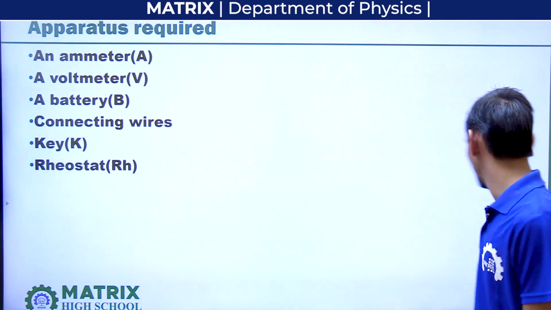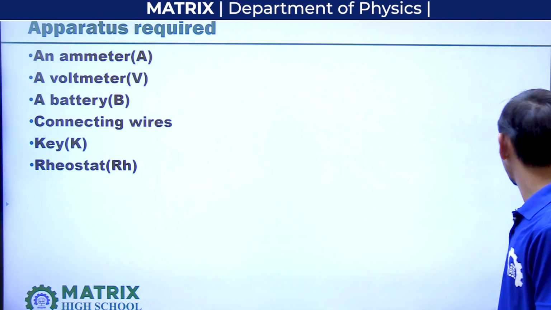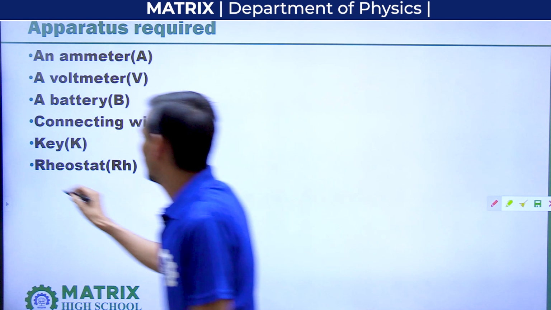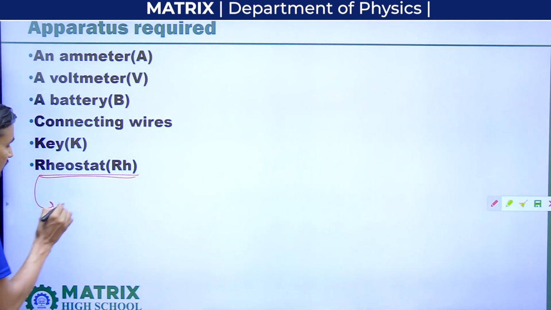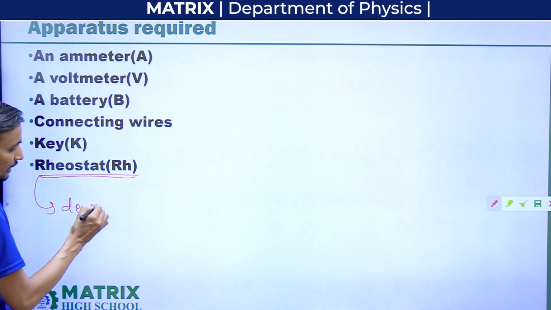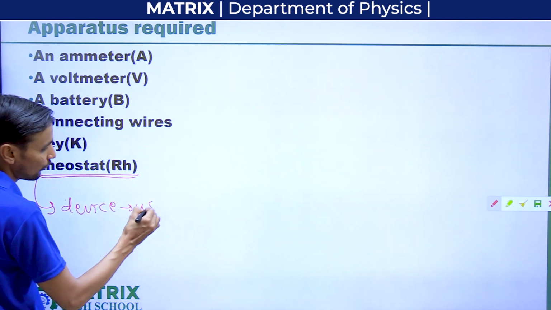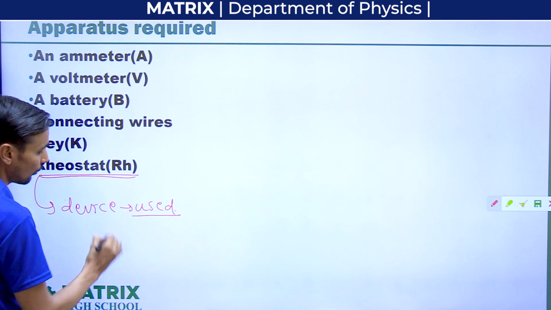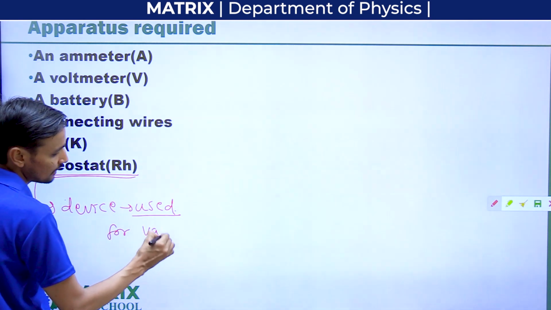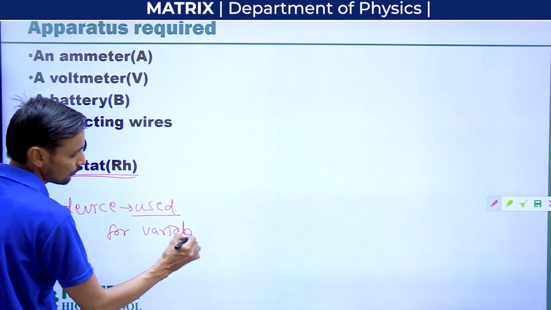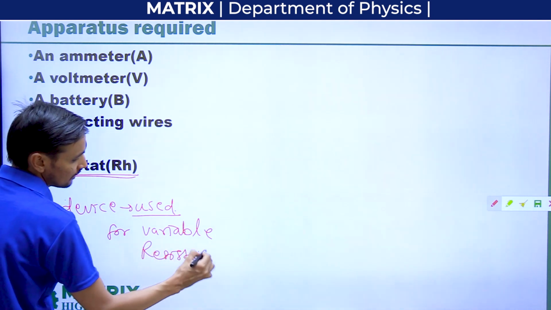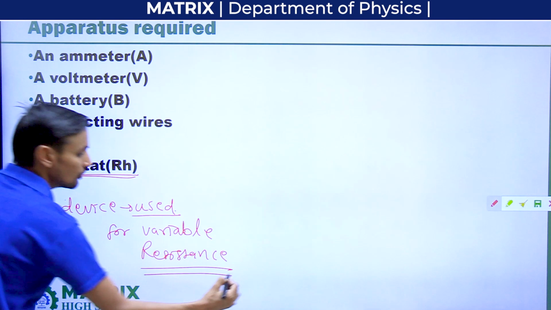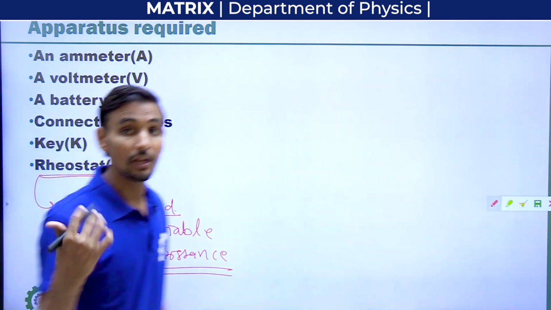Next is rheostat. What does this rheostat mean, and what does it represent? This is a device used for variable resistance.